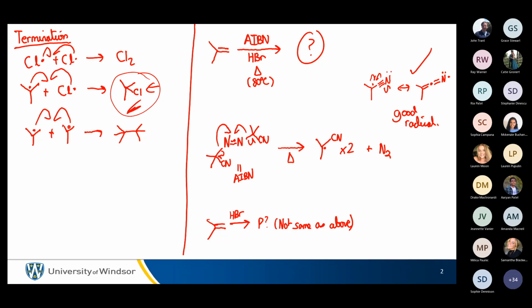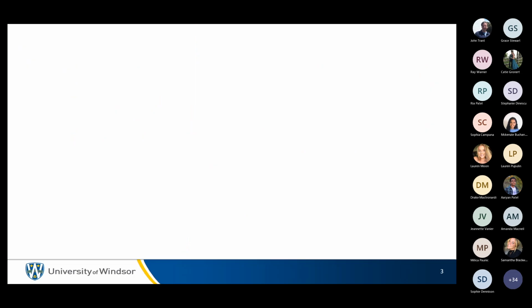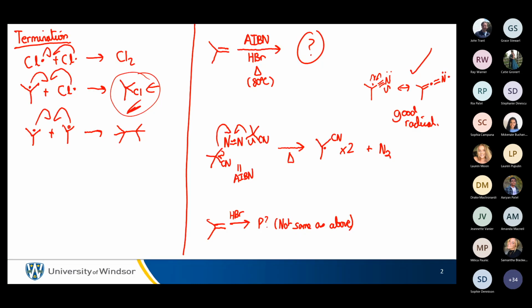Okay, so we can make this radical, but you know, good radicals are all relative. They're still really reactive because that's kind of how radicals are. Now, if we're thinking about how this radical adds, that was our activation step. We made a radical, but it is not a radical that is involved in propagation.